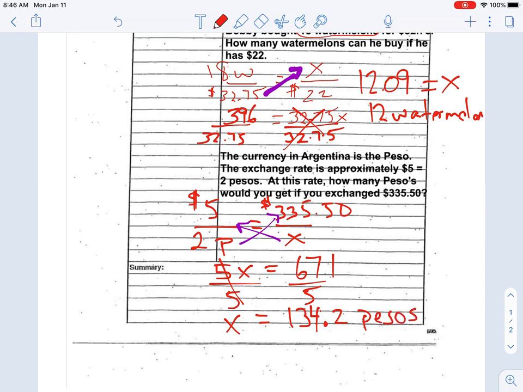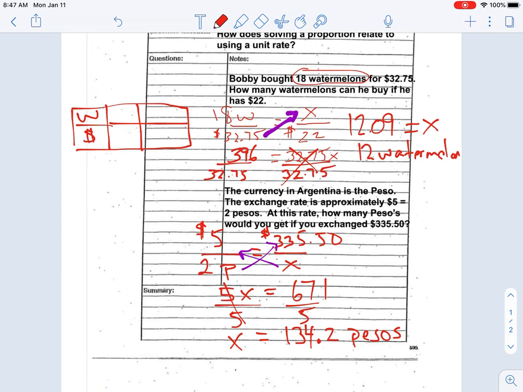Now, you could set these up in a table. So, for instance, let's say I was doing this top one, and I would have watermelons here, and I would have dollar signs here. And what we're going to do here is fill in my 18, fill in my 32.75, and put the $22 down here.